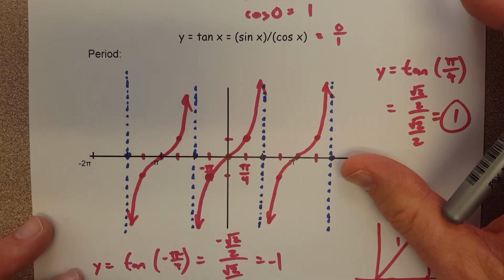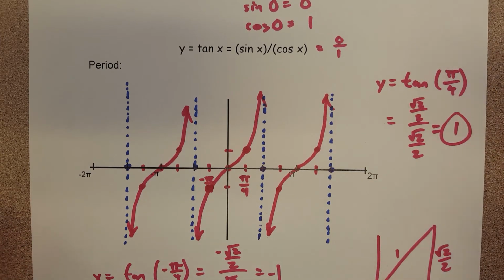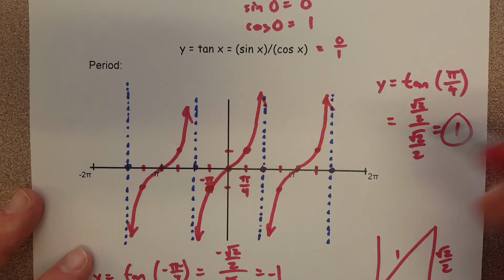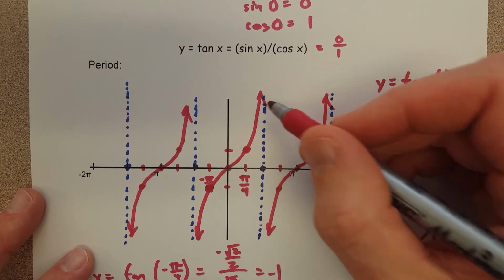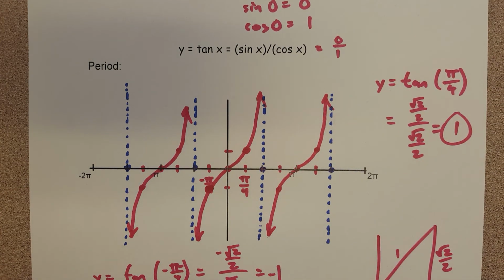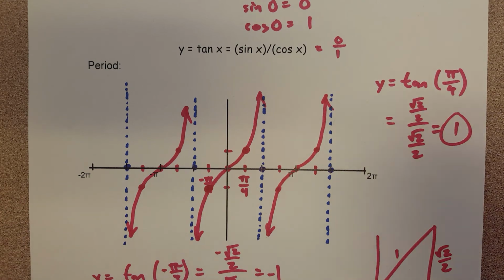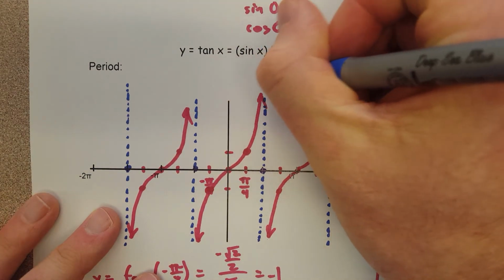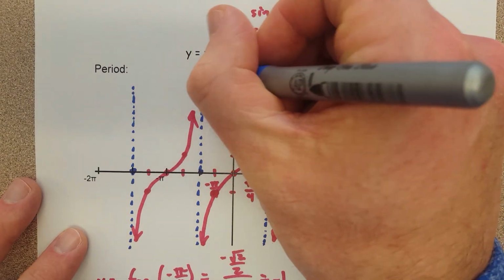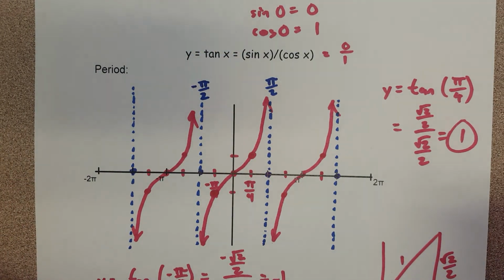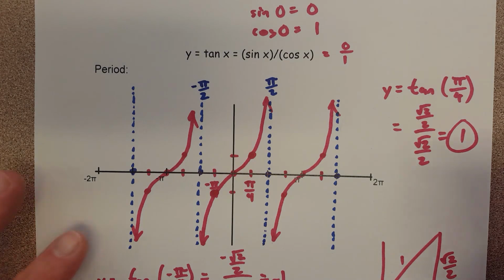Now, one other thing that I want to mention, since we're talking about periods, is what the period is in this case. Well, it repeats from here to here. Now this point, if you remember, was pi over 2 at that spot. This was negative pi over 2. The key thing between this is the distance.